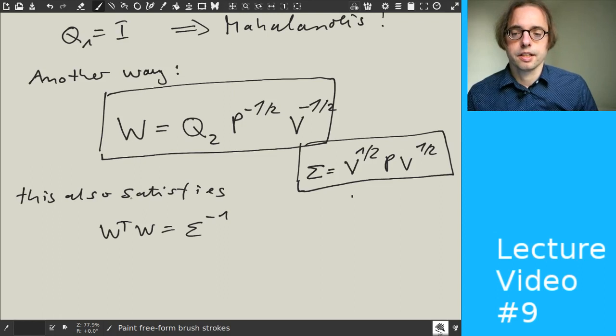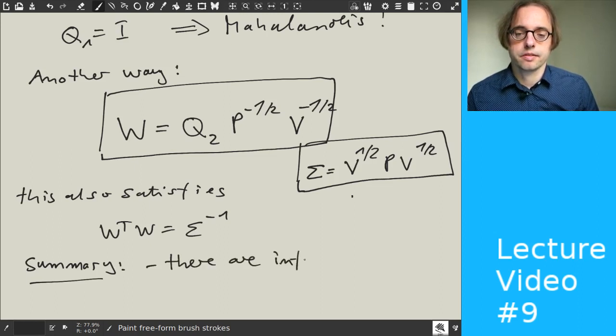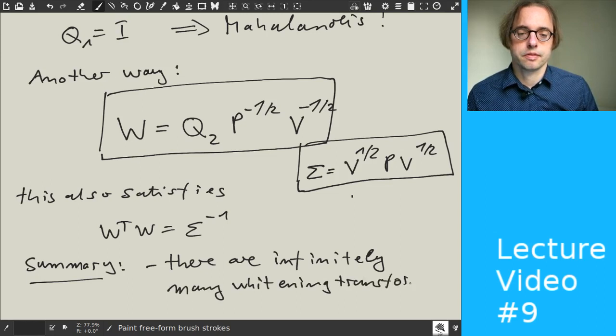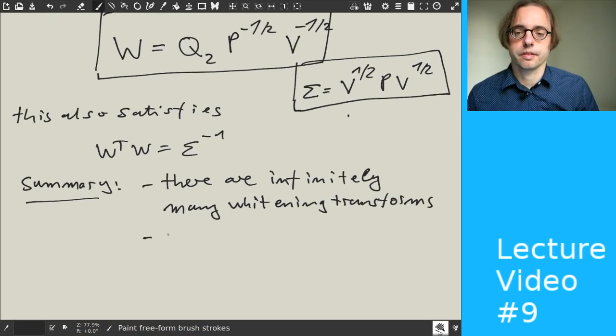So basically the summary: there are infinitely many whitening transformations, and we can choose one by selecting Q1 or Q2.